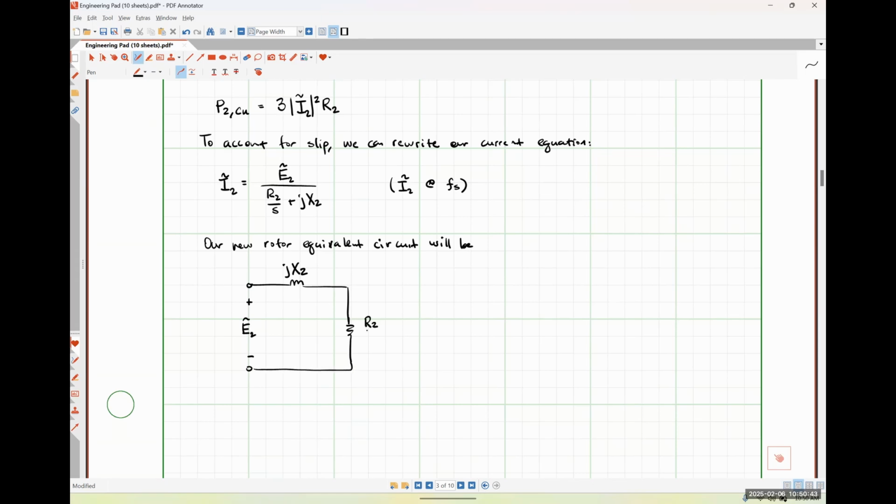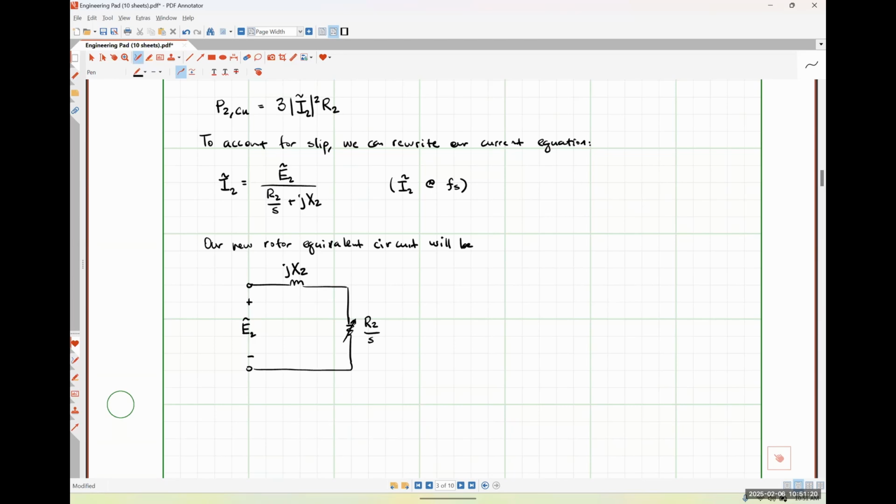And this is going to be R2 over S. And I'm going to put an arrow through this because effectively this is a variable resistance now. So the resistance of our rotor windings or our secondary windings is going to be dependent on the slip that we're operating at. So if our slip is very, very small, this resistance is going to look very, very large. And if our slip is effectively 100%, it's just going to look like the simple resistance itself.